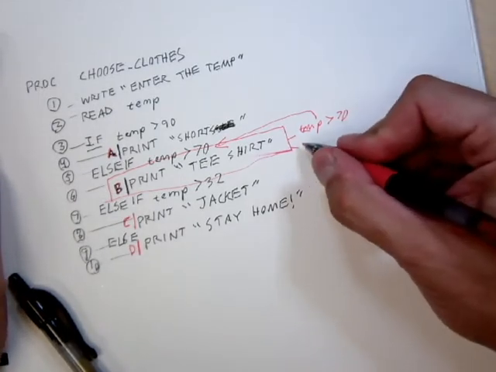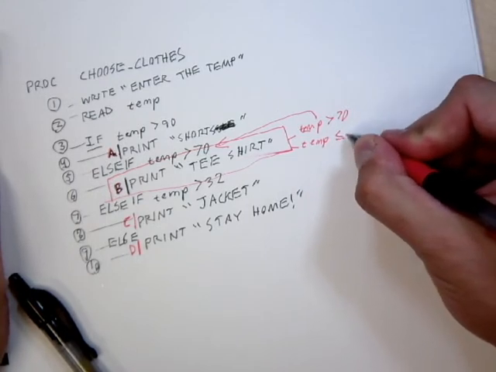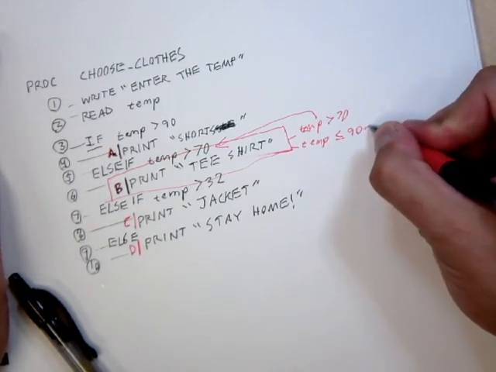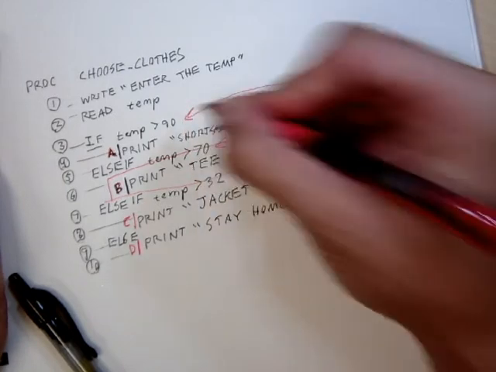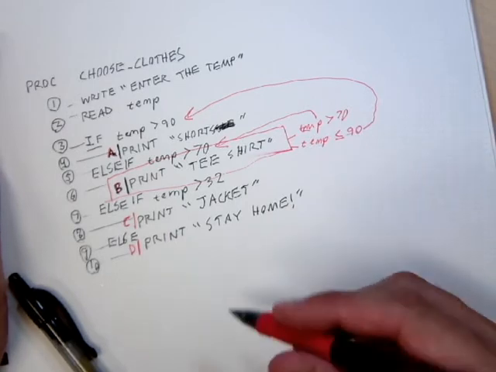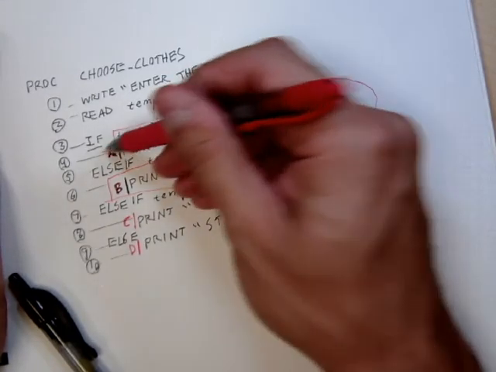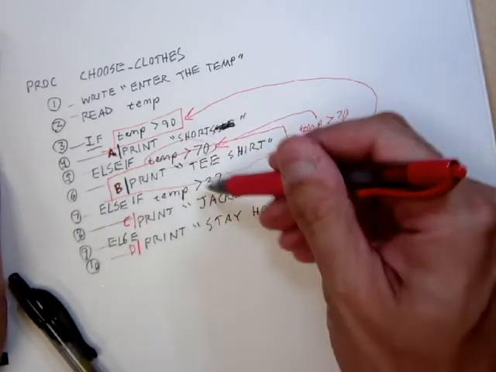The temperature must also be less than or equal to 90 degrees, and that's because this condition was false. So every single time you pass a condition, you're kind of implicitly adding to these.